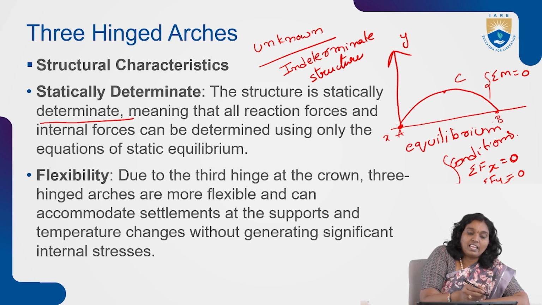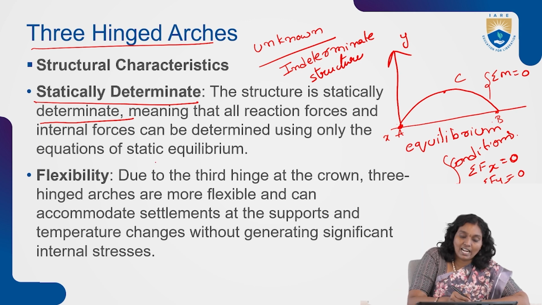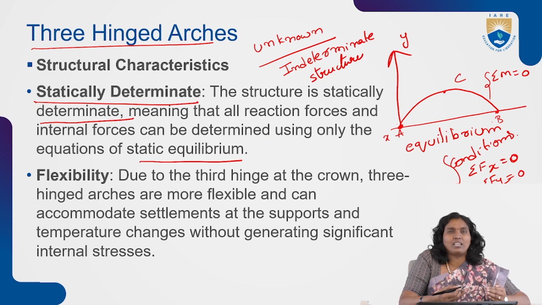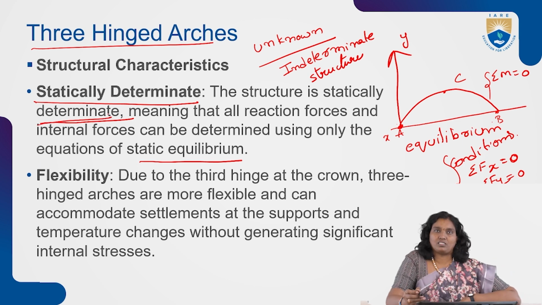In this, three-hinged arches are statically determinate, meaning the 3 static equilibrium conditions are enough for finding the unknowns. Such type of structural element is known as statically determinate. Three-hinged arches belong to statically determinate structures.